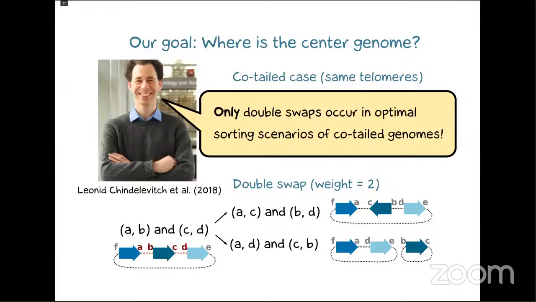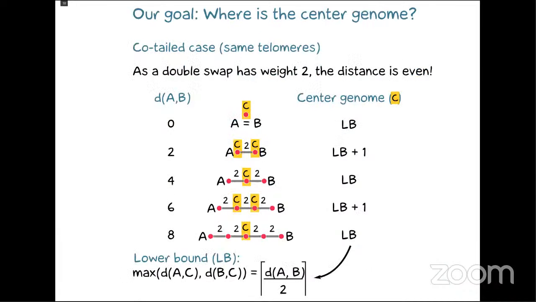Well, it turns out that if you think about cotailed genomes and the operations that we study here, cut, join, and double swap, every optimal path between 2 cotailed genomes involves only double swaps. This has been proved earlier by Chindelevich and colleagues in 2018, and that's going to be useful in our analysis here.